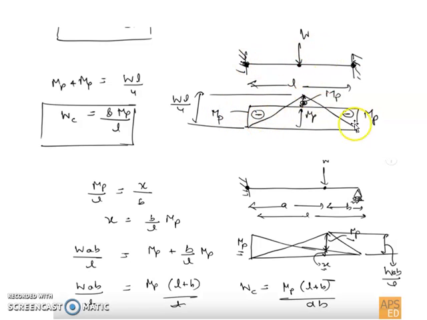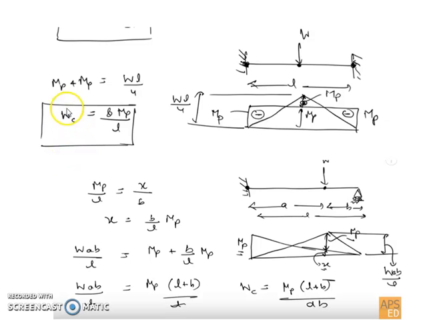At center, this value is WL by 4 due to the free bending moment diagram. Here this height is Mp, already we know. This also is Mp due to the additional load. So Mp plus Mp is equal to WL by 4, total height WL by 4. W is equal to 8Mp by L.